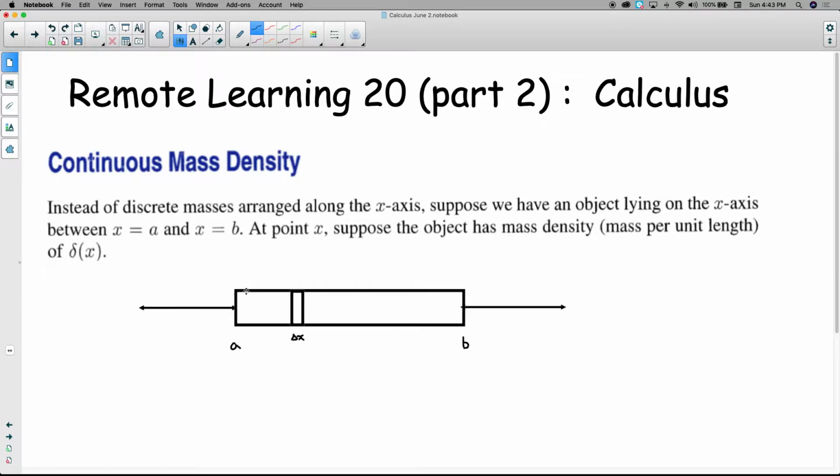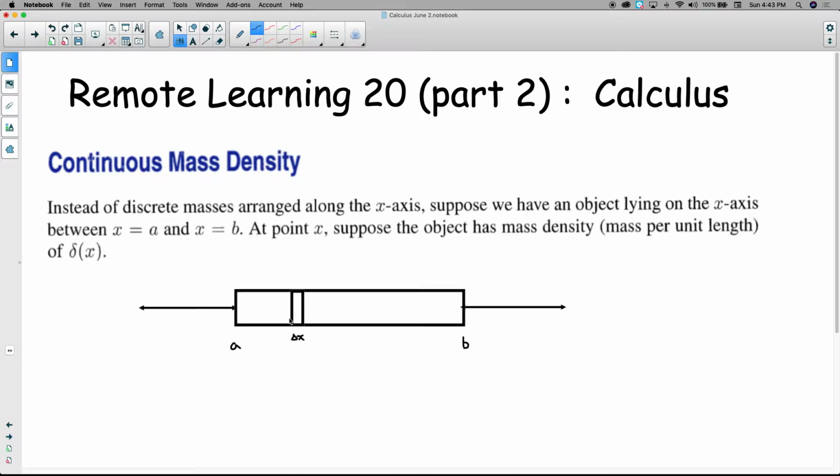So I'll have one here, one here, one here. I'll have n many of them. All right, you can probably see the integral notion coming your way. Then what we're going to do is we're going to run n to infinity and shrink delta x down to 0. And then introduce the idea of the integral.